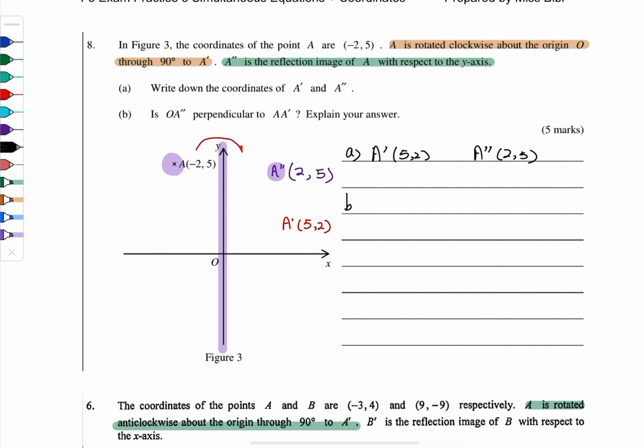Part B, what do we need? Are they perpendicular? Which two? O and A2. So what is O? O means origin, which means the coordinates are 0, 0. We know A2 is 2 and 5. And we have to check if they're perpendicular or not, so we have to find their slopes.